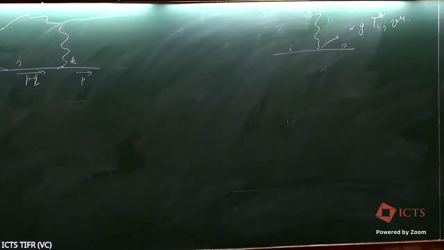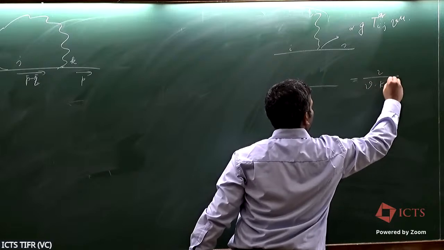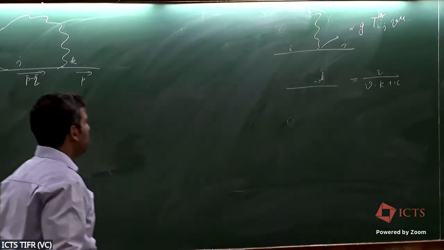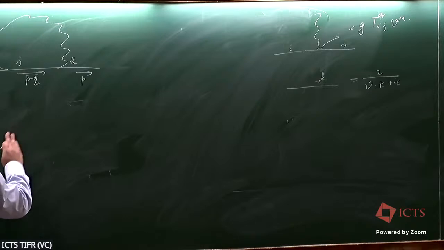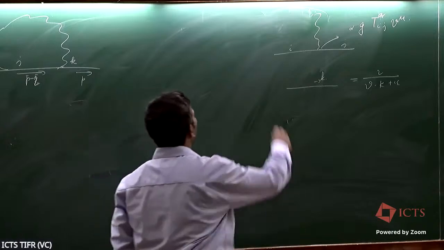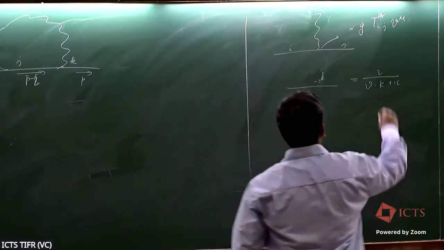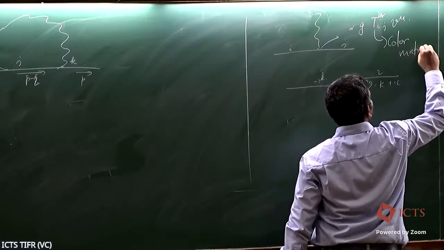So I'll just use the Feynman rule now. The propagator here goes like i by P dot k plus i epsilon naught. And so let's write down the diagram. So this diagram is proportional to the color matrices.